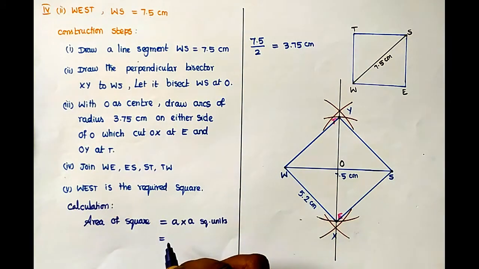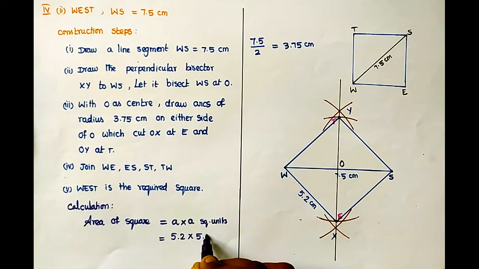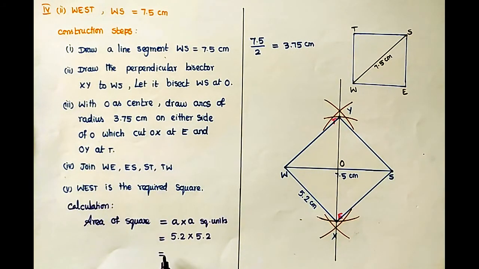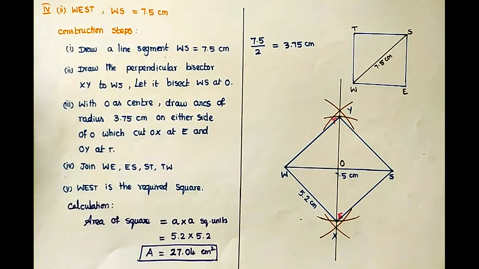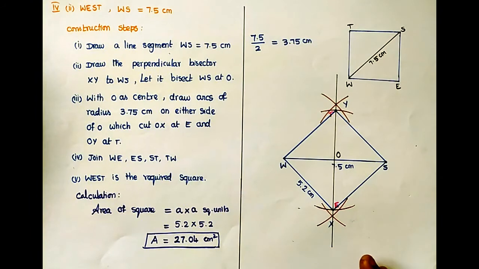That is what we found. 5.2 into 5.2. Multiply this number, we get 27.04 centimeter square, that is area. That is the answer. Here exercise 5.5 is over.